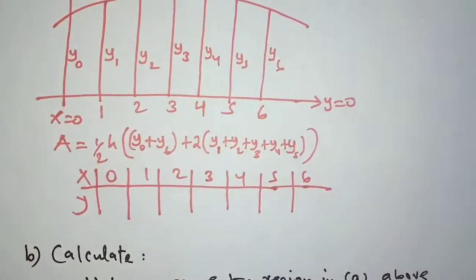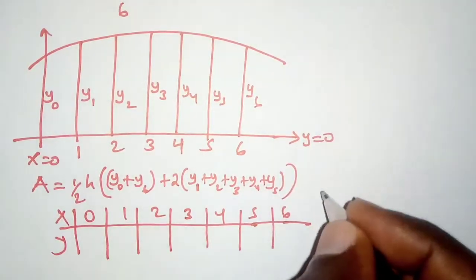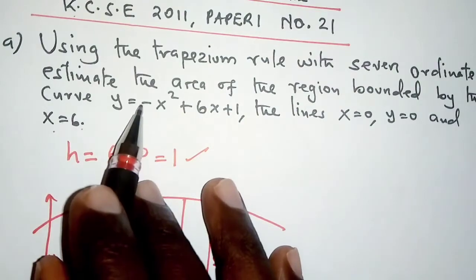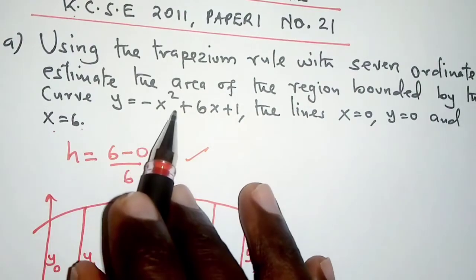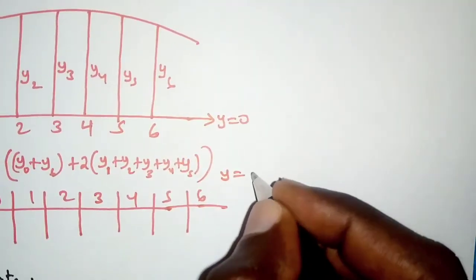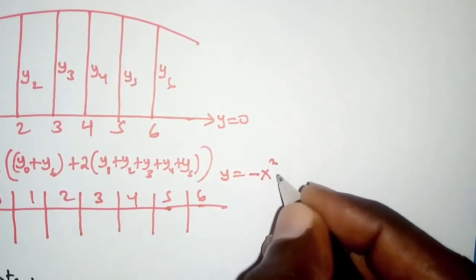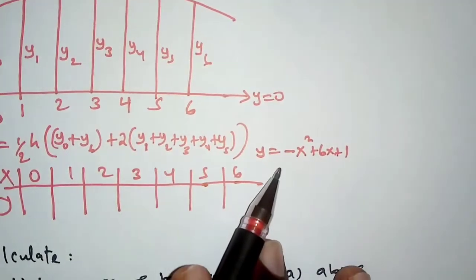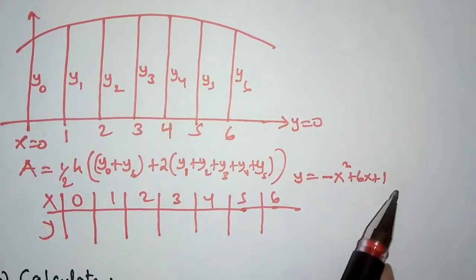So we are going to use the equation of the curve, which stated y is equal to negative x squared plus 6x plus 1. So we are going to do our substitutions in this equation here.